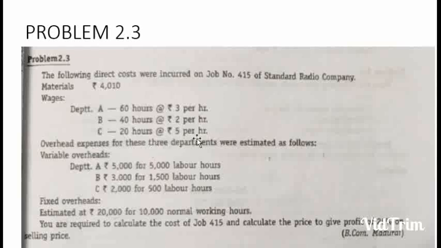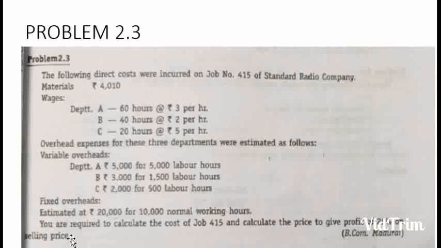Overhead expenses for these three departments are as follows. Variable overhead for A is 5,000 for 5,000 labor hours, for B it is 3,000 for 1,500 labor hours, and for C it is 2,000 for 500 labor hours. Fixed overhead is estimated at 20,000 for 10,000 normal working hours.